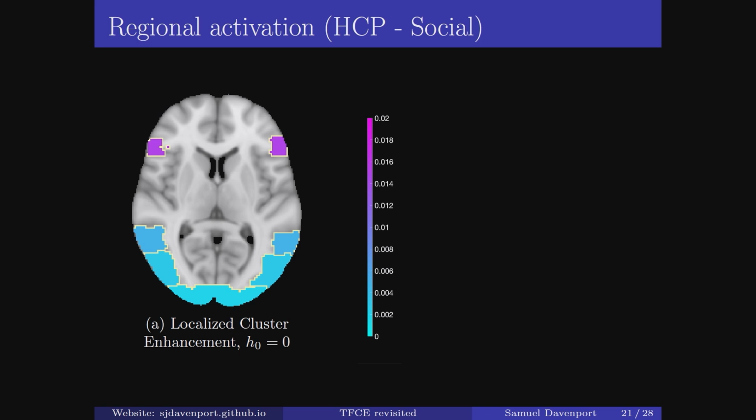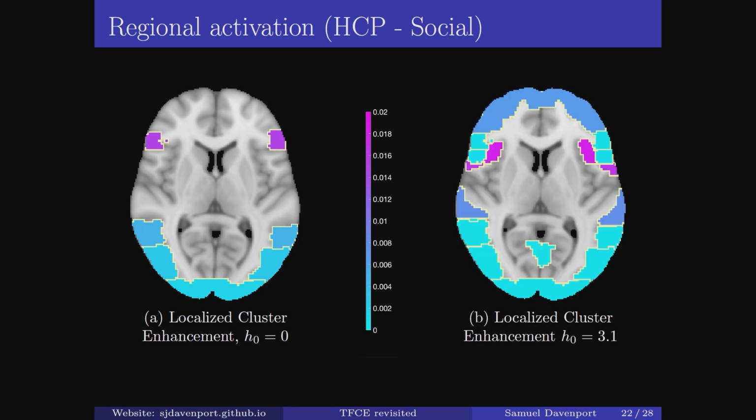However, this also makes us think: is H0 equals 0 really the optimal choice of the threshold? The answer is really no. If we change H0 to 3.1, which is the default threshold used in cluster size inference, then you get a much more powerful result.